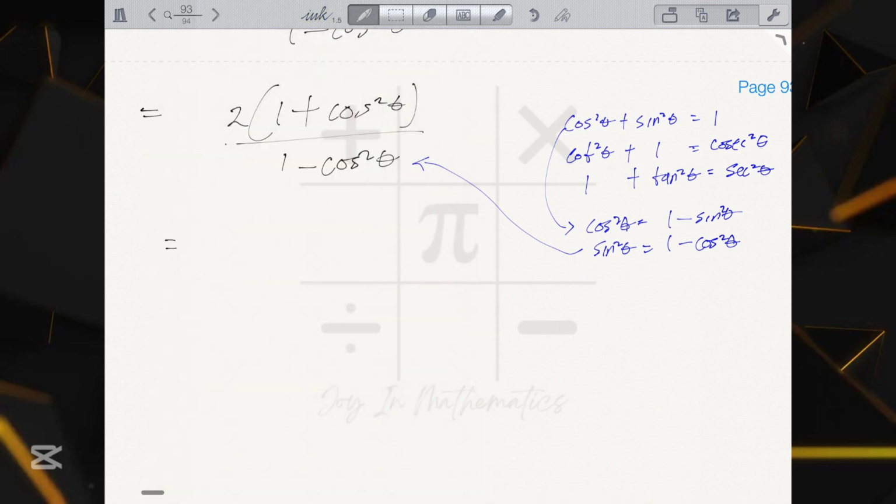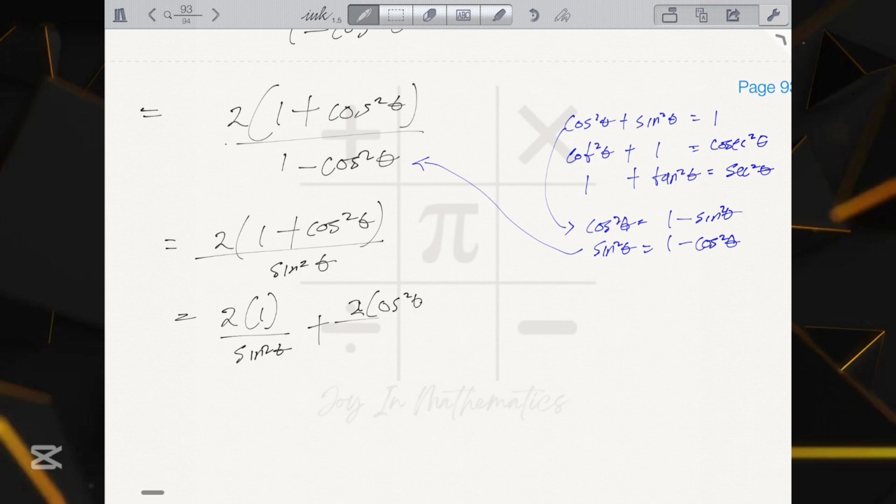We'll have this equal to 2 into 1 plus cos squared theta, divided by sine squared theta. Now we are advancing. Let's just split it. So we have 2 into 1 divided by sine squared theta, and likewise 2 multiplied by cos squared theta divided by sine squared theta.